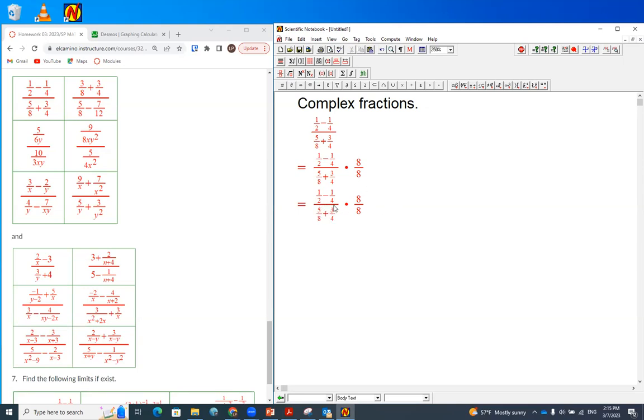And this fraction bar is at the same level as the equal sign. Okay, don't mix it up, because if you put the equal sign on the top, it's going to be very confusing for you and the reader. So be careful and write it down properly.